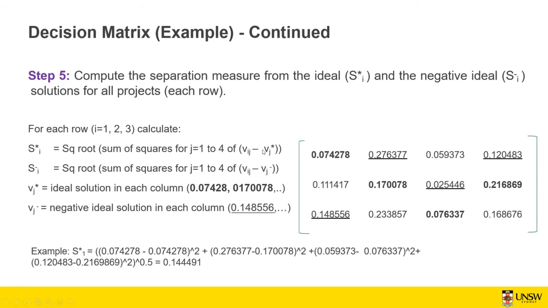Moving on, the next one is V13, which is this value, V13 minus V3 star. V3 star is the third value in our V star solution. You do it the same, and you get this one. So you do all this calculation. You get S star 1, S star 2, and S star 3, because you have 3 projects, so 3 rows. And you do the same for S minus 1, S minus 2, and S minus 3.